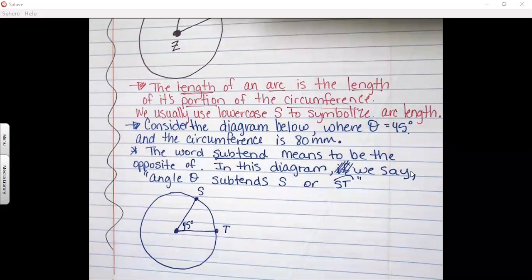So what we're going to do is try to figure out what is the length of the intercepted arc. So we would say that arc ST subtends the 45-degree angle. It's the opposite of the 45-degree angle, okay?